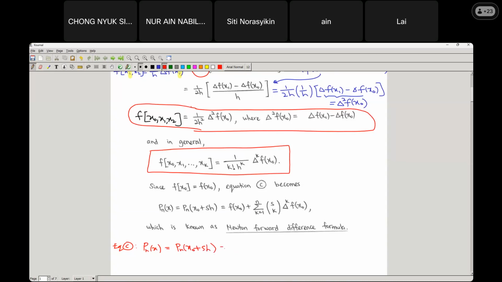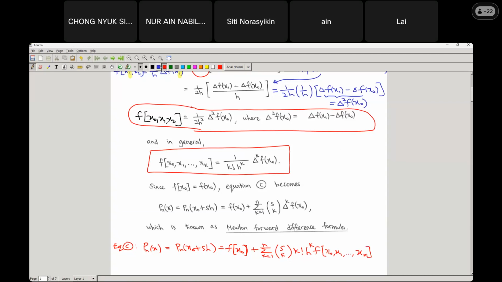This is equal to f(x0) plus the summation from k equal to 1 of s choose k times k factorial h to the power of k times f[x0, x1, up to xk]. So this is our equation C.